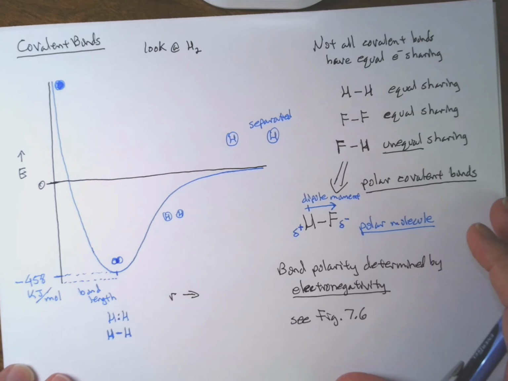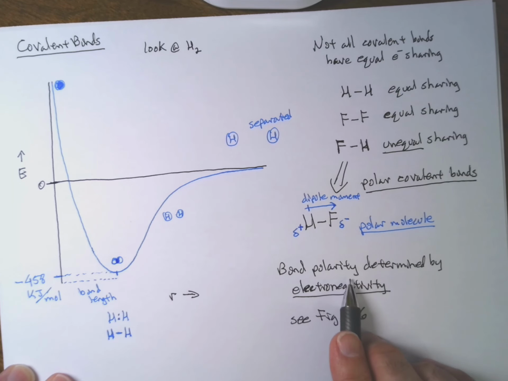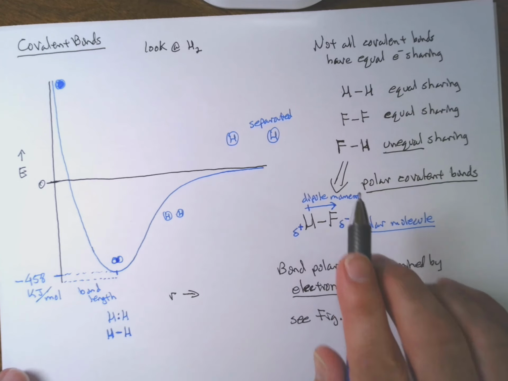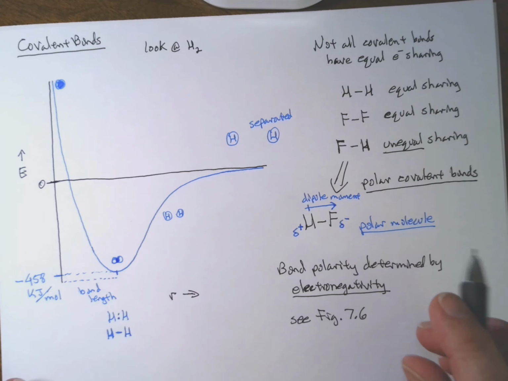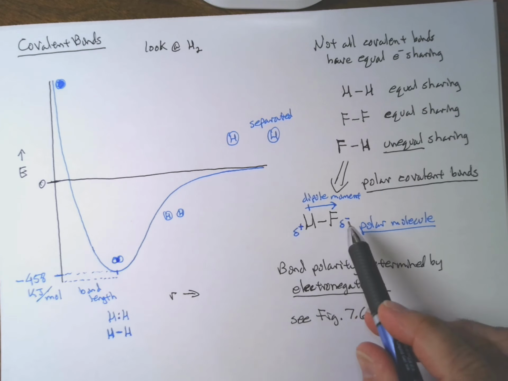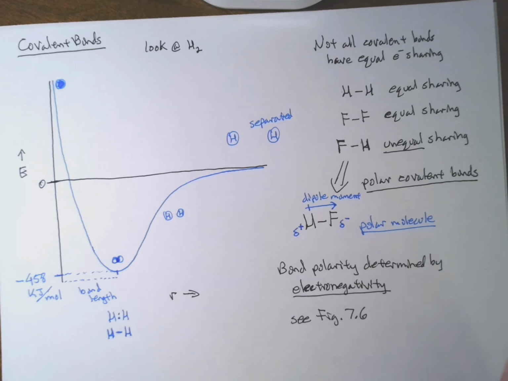The general trend is, as you go to the right in the periodic table and up in the periodic table, you get more electronegative, excluding the noble gases. So fluorine is the most electronegative atom. And so, whenever you have fluorine bonded to anything other than fluorine, it's going to pull electron density towards itself.